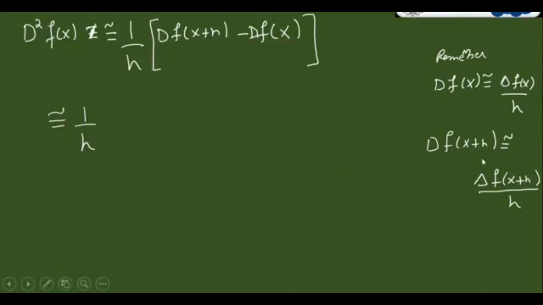I just gave you an example where I compute a derivative at point A. The point A could be any value, so point A could be a plus h as well. However, the definition remains the same. The definition says for any point x, if you want to compute the first order derivative, it could be defined in forward sense like that. So this is also one of the points in the domain, x plus h, and I want to compute a first order derivative. It could be defined like this.